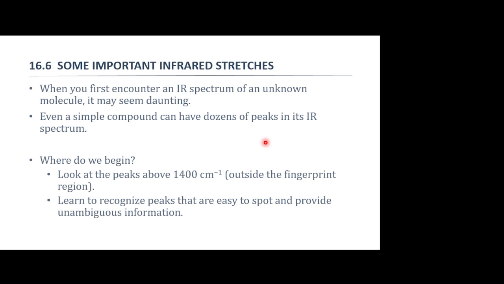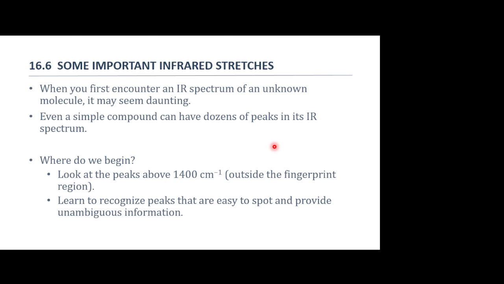And that's not including all of the overtones and combinations, which would be doublings of those bands, okay? So an infrared spectrum can look pretty complex if you just look at the whole thing, even for fairly simple molecules. So where do we begin?